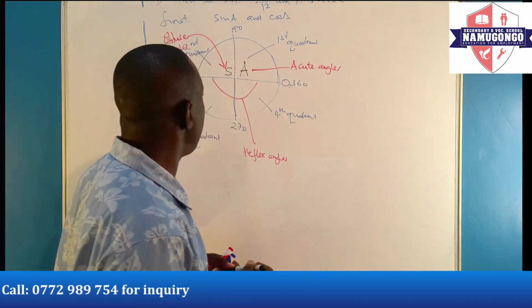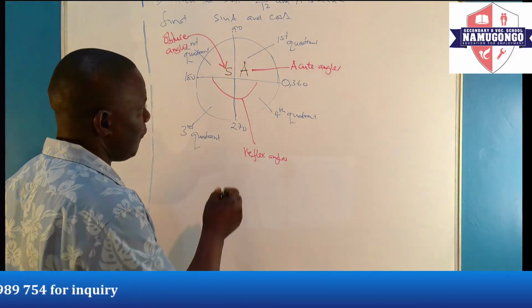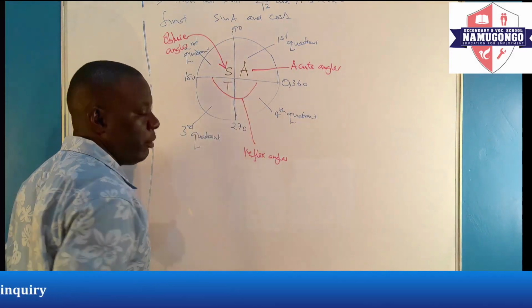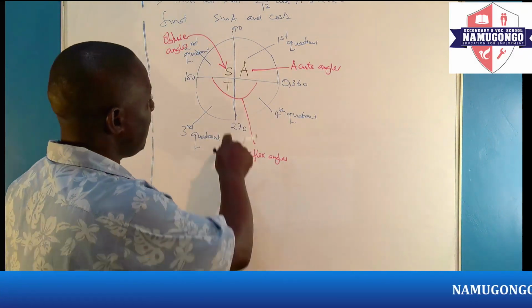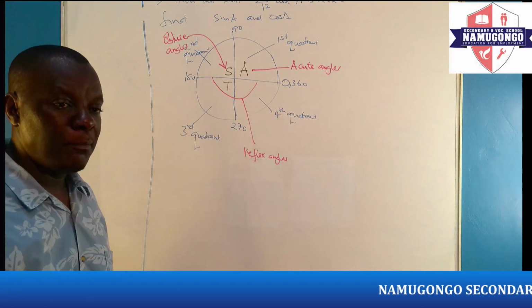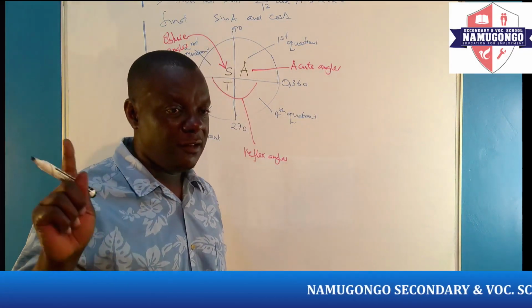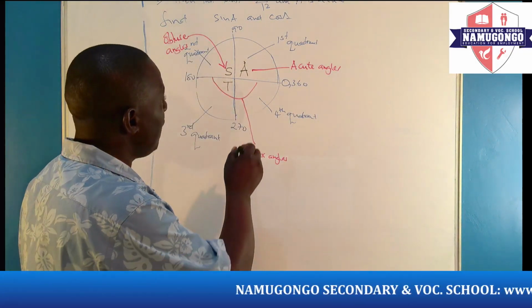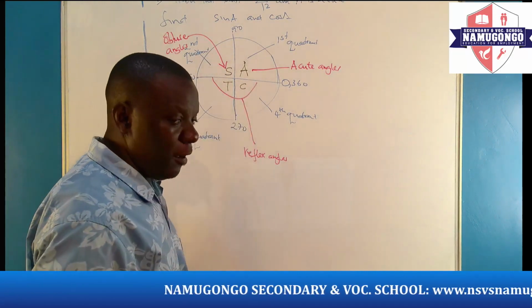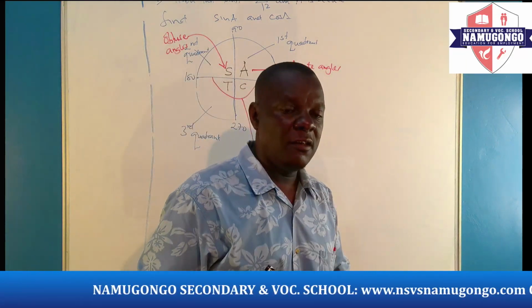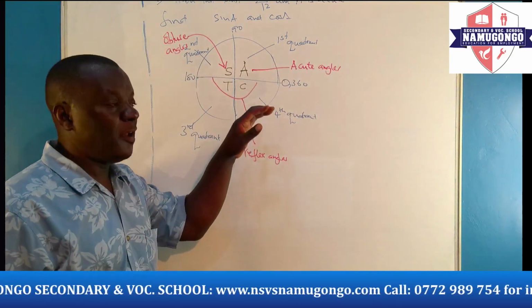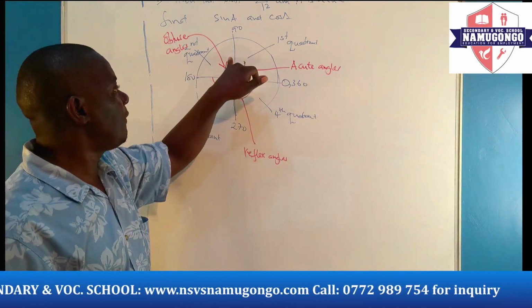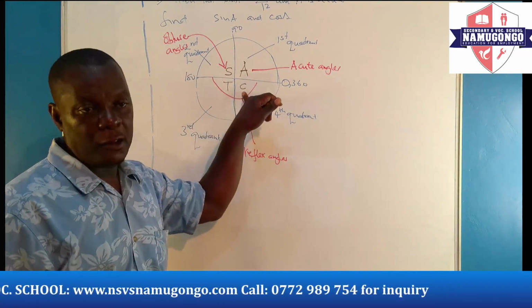When we go to the third quadrant, tangents are positive. I'm going anti-clockwise. In the third quadrant, tangents are positive, the rest negative. In the fourth quadrant, cosines are positive, the rest negative. Now, you can see that I've written A, S, T, C.